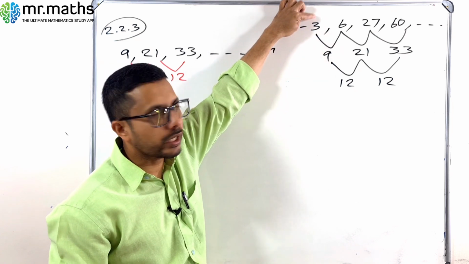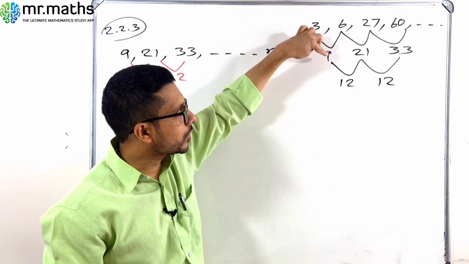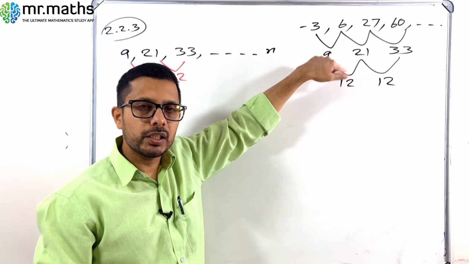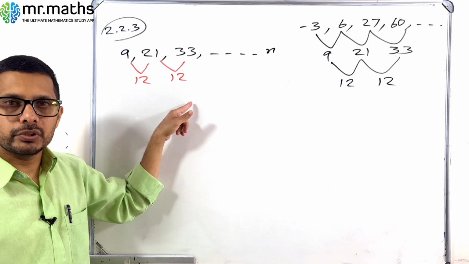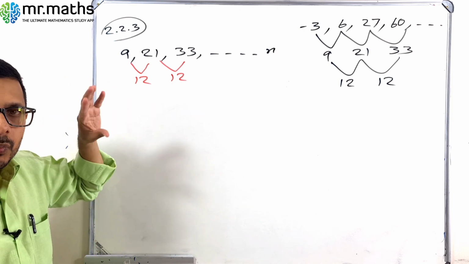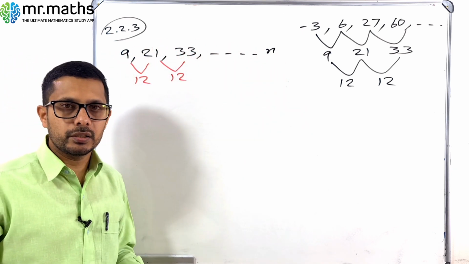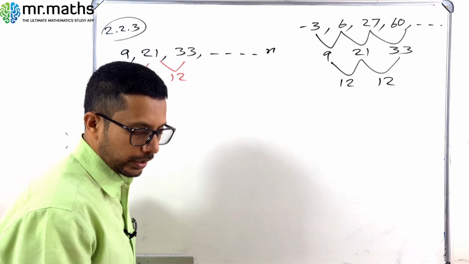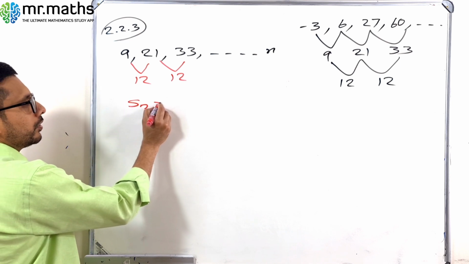Why is it an arithmetic sequence? Because you are getting a common difference, 12. So in effect, you have to find the sum of the first n terms of this arithmetic sequence. What is the formula to find the sum of the first n terms of an arithmetic sequence? We studied the formula to find the sum. Sn is equal to, what is the formula?